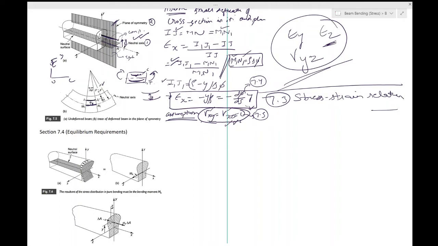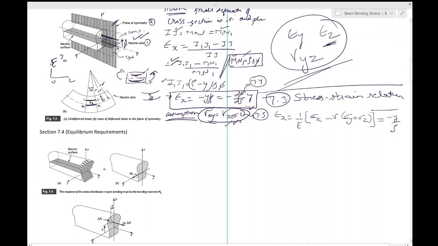So we'll utilize the Hooke's law, and for that we will be able to use the Hooke's law. So let's recall what the Hooke's law was. It was epsilon x equal to 1 by E. We had made all these derivations. As soon as you see these equations, you should be able to recall those derivations and the reasonings behind them. So this will be equal to minus y by rho.